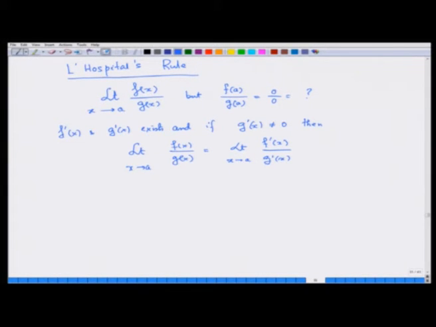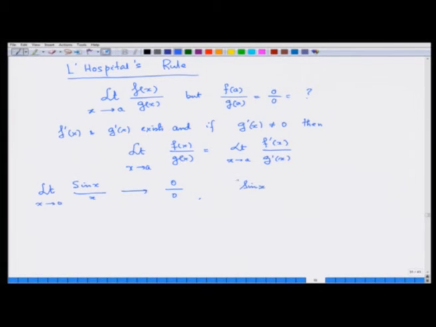What could be a possible application of this? Let us look at the following limit again. If I put x equal to 0, that is sine 0 by 0, this is again in the 0 by 0 form, but I know the derivative of sine exists.